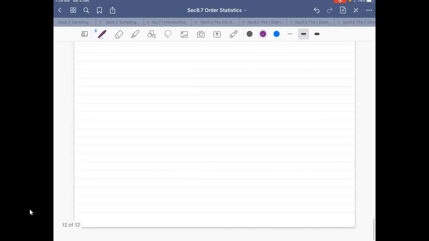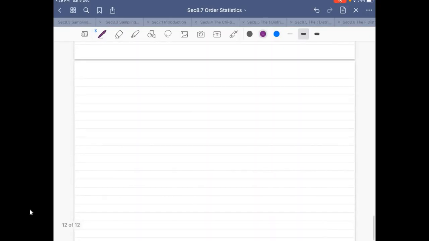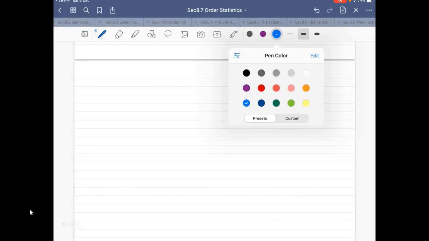Okay, now let us have an example. We will illustrate using the exponential function. This is the simplest function with the order statistics.